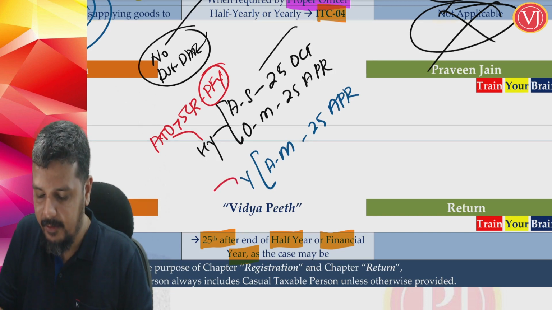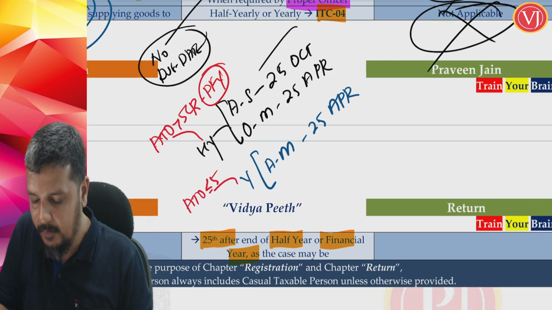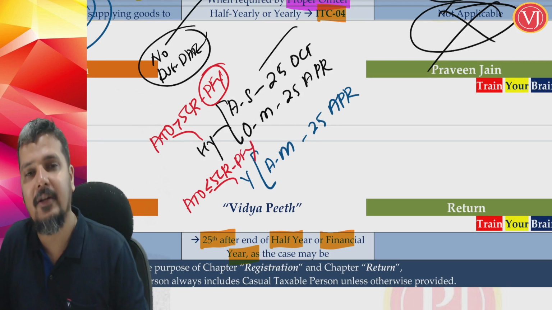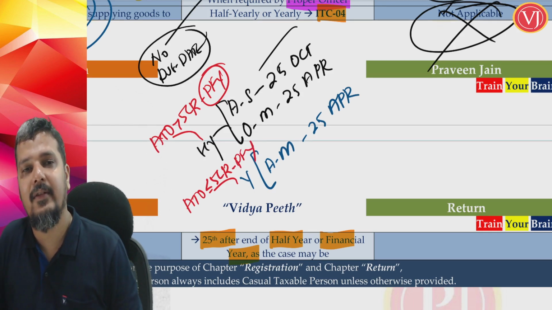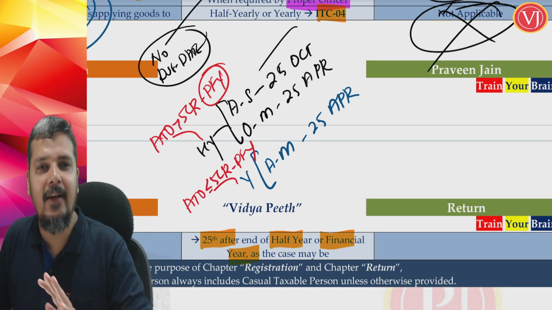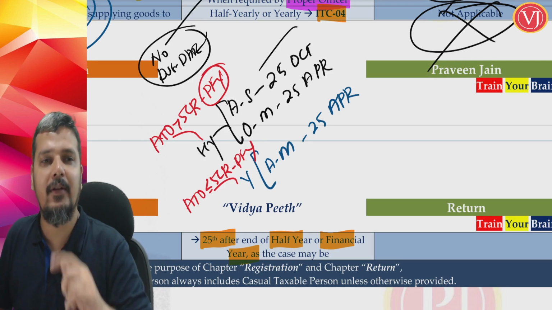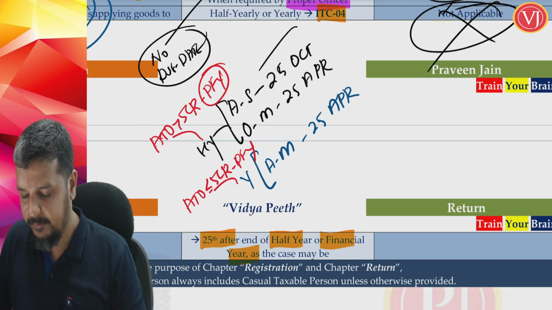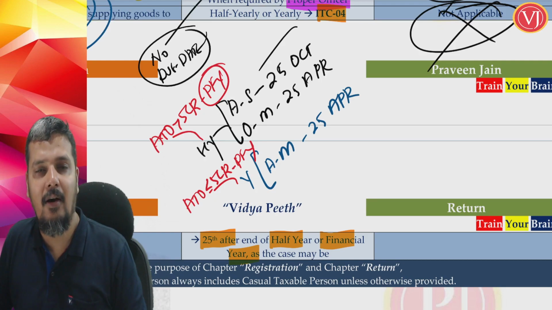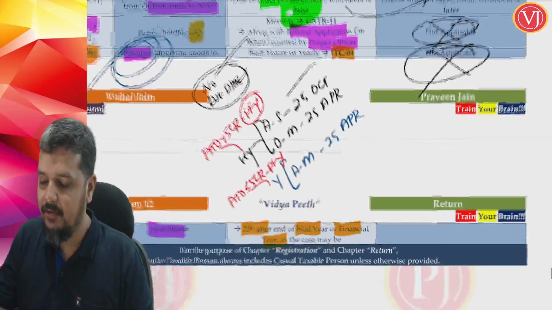Small persons, if your aggregate turnover is up to 5 crores in the preceding financial year, it is yearly. Because you are small, you don't file half yearly every now and then, you file yearly once. Are we clear with this entire understanding? These are all the different types of returns that you have in your GST.